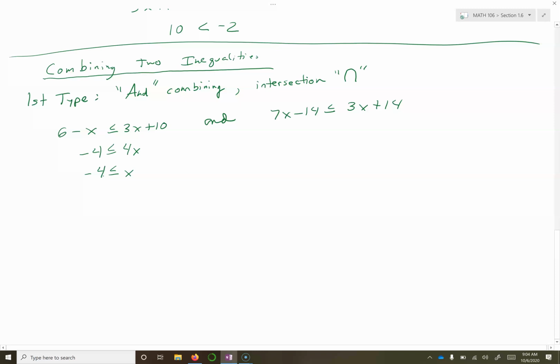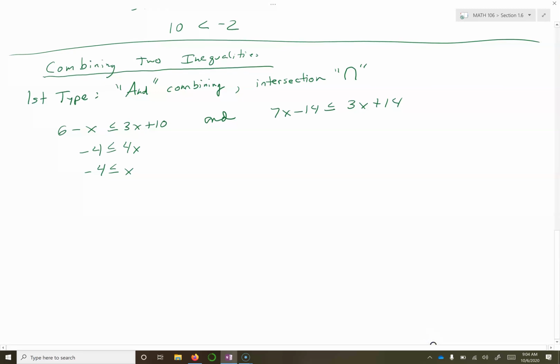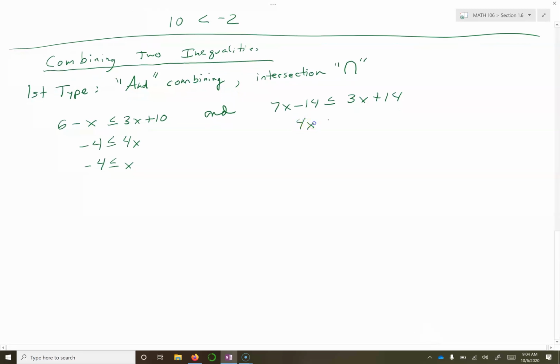That's one solution to the first inequality. And now I get the other solution. We're going to have 4x on this side, and then 28. So then x is less than or equal to 7. All right. So just like we have been in this section so far, nothing new yet, we just solve those inequalities and get those answers.